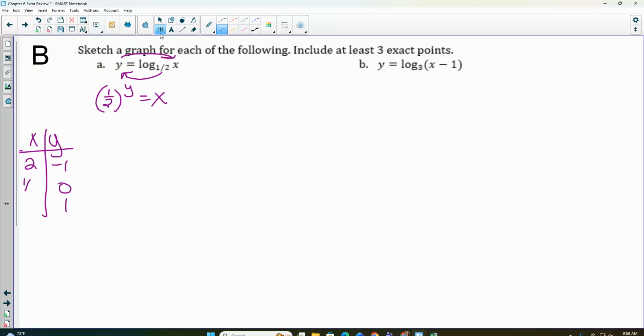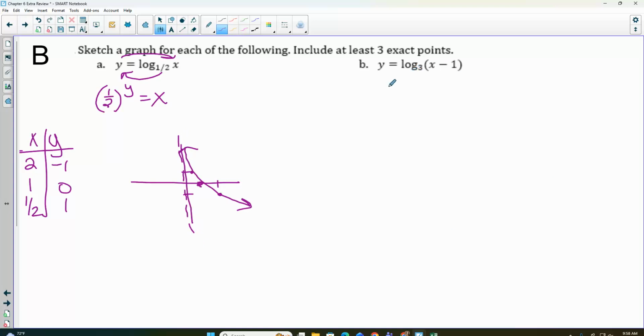And 1/2 to the first? It's a half. So if I plot those, 2, -1, 1, 0, and 1/2, 1. Remember, this has a vertical asymptote at the y-axis.